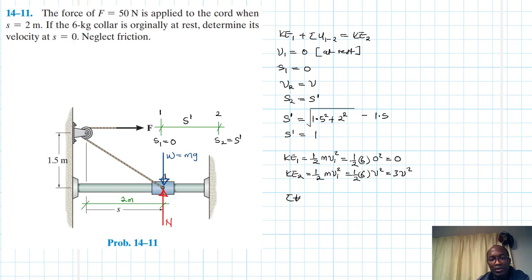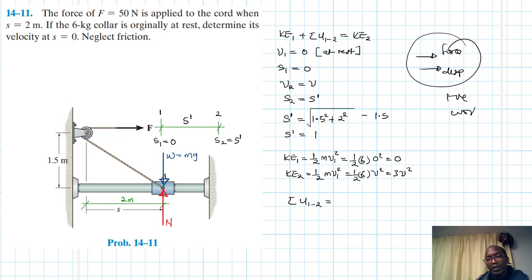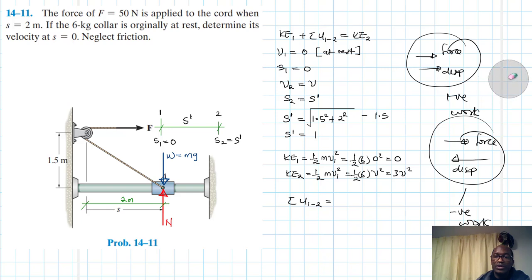Then we have the total work done from point 1 to point 2. When the force is in the same direction as the displacement, we call this positive work. It's a simple way of understanding this. When the force and the displacement are in opposite directions, you call this negative work.